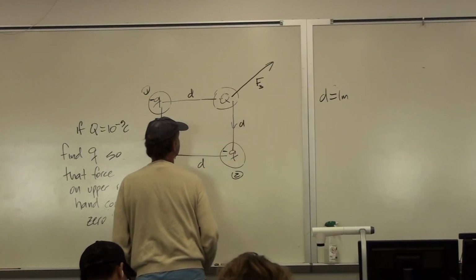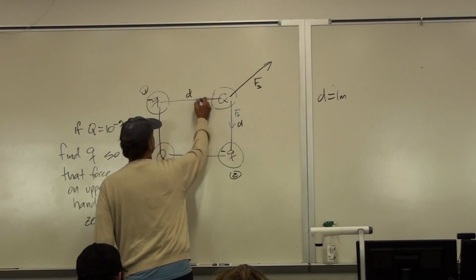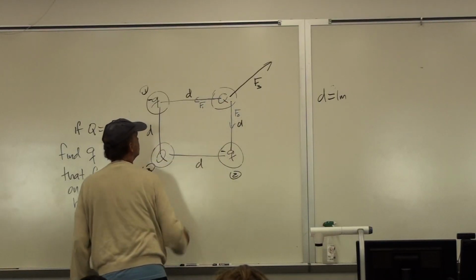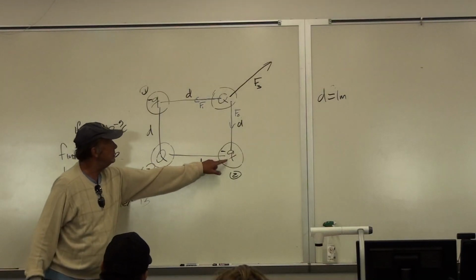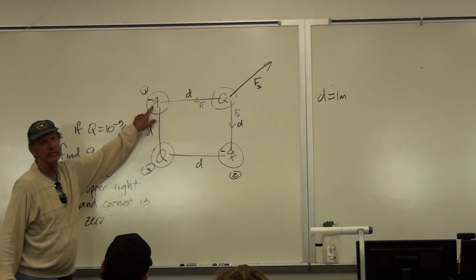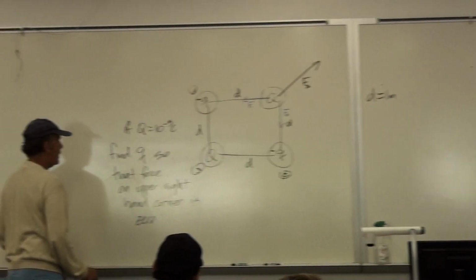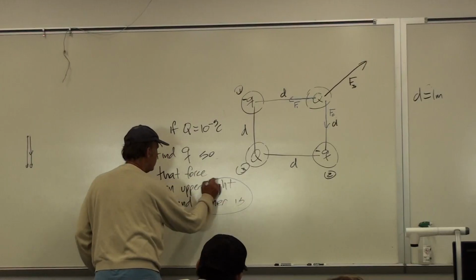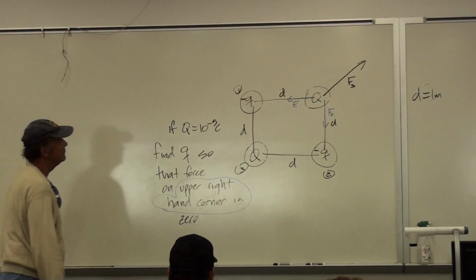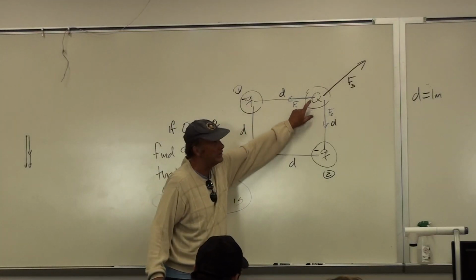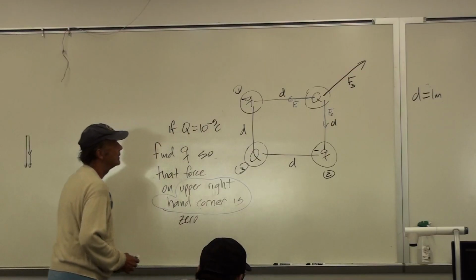So I'm going to have an attractive force here, I'll call that F2, and an attractive force there that I'm going to call F1. But notice that I'm not drawing any vectors on any of these other corners. I don't need them, because I want to know what's happening to the upper right-hand corner charge. That's it. So that means that my vector diagram is confined to this charge here, and not to any of the other ones.